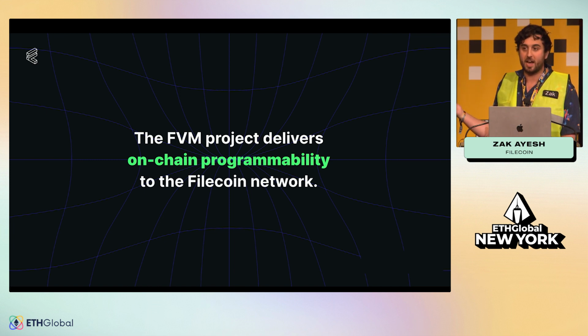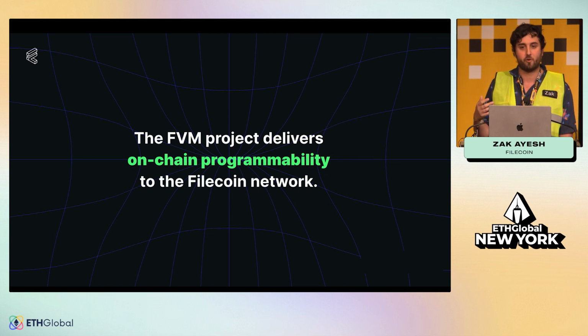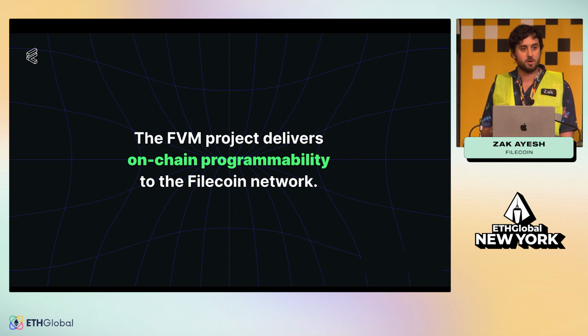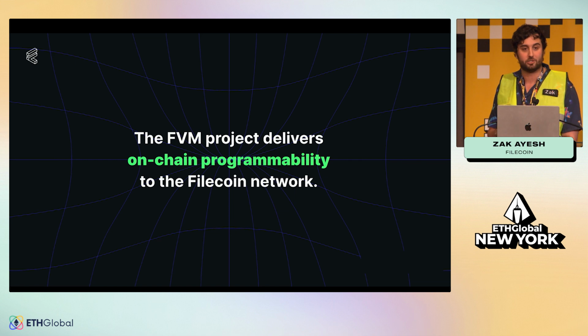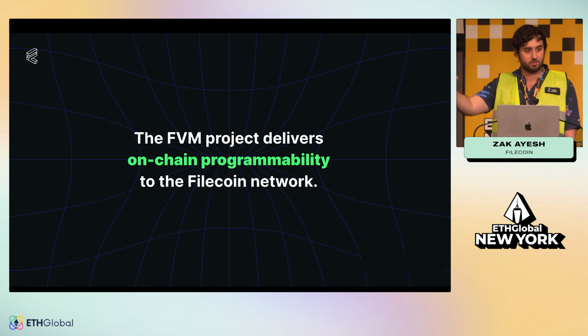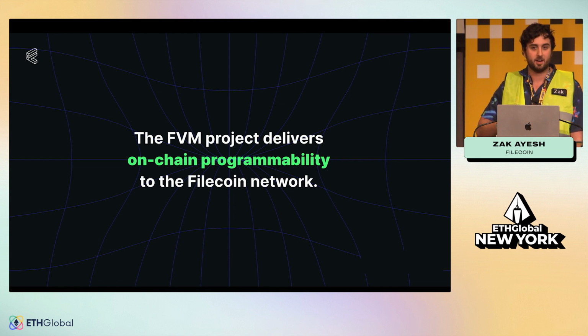So you heard that I work specifically with the Filecoin virtual machine team. What is the FVM? It delivers on-chain programmability to the Filecoin network. The Filecoin blockchain was an application-specific blockchain initially designed to be like a middle layer between clients that had data they want archivally stored and storage providers that had large amounts of SSD and are willing to provide that for a price, right?